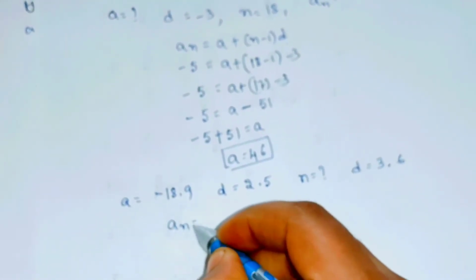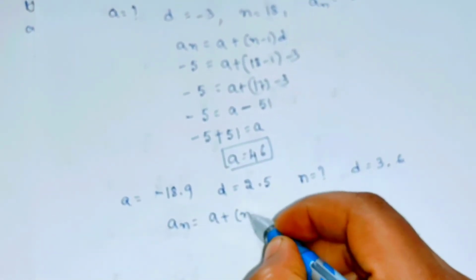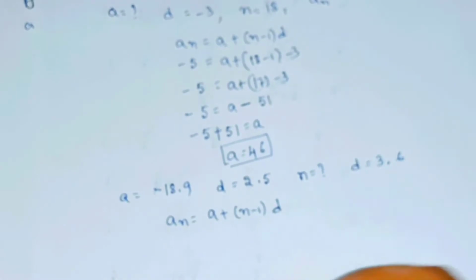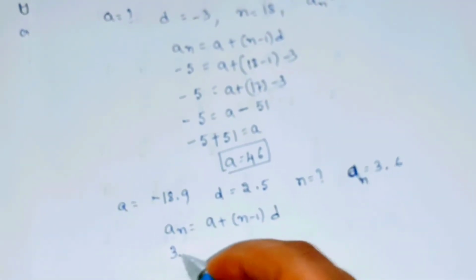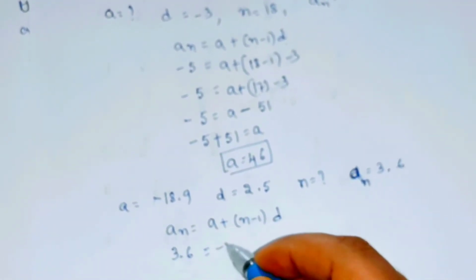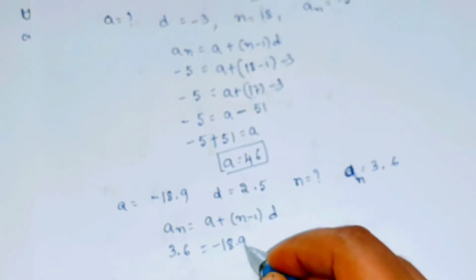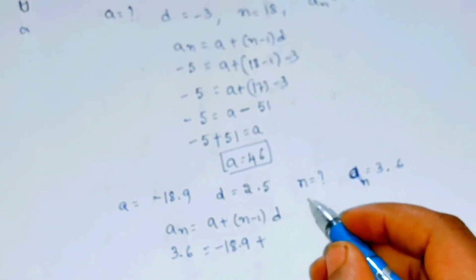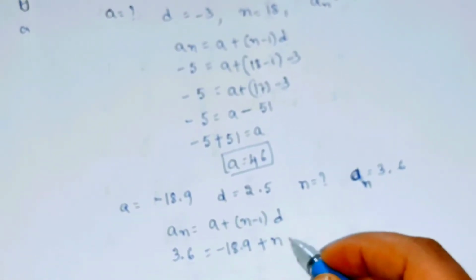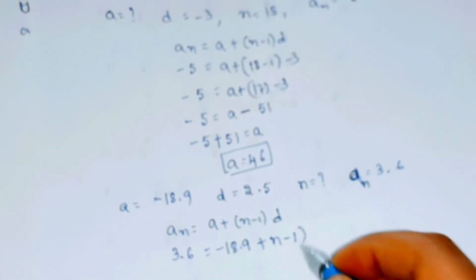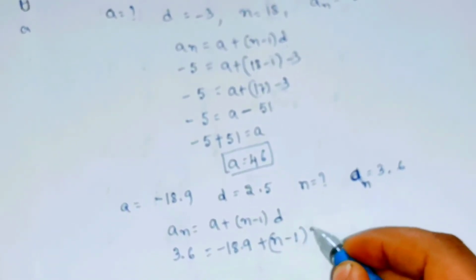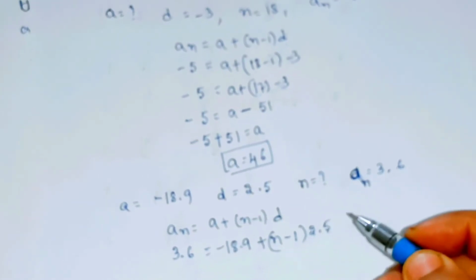Now use the same formula. an is equal to a plus n minus 1 into d. Here an is 3.6, a is minus 18.9, plus what is n? We don't know, write as it is, minus 1 into d, which is 2.5.